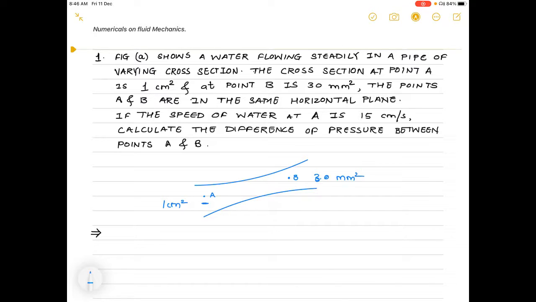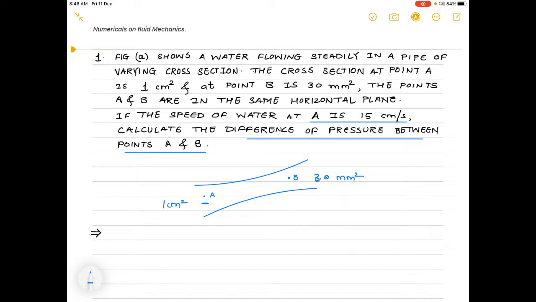Now points A and B are in the same horizontal plane. If the speed of water at A is 15 centimeter per second, calculate the difference of pressure between the points A and B.